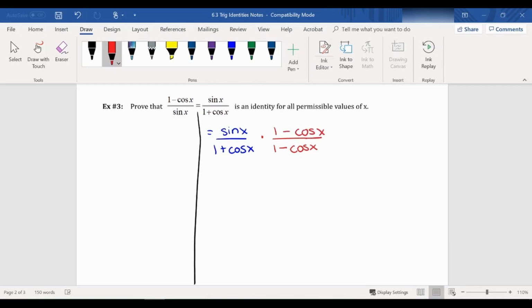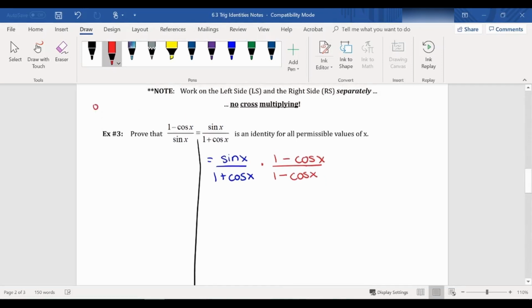If I had worked on the other side, this would not be my conjugate. If I work on the left, I would multiply by 1 plus cosine x over 1 plus cosine x because that's the conjugate of 1 minus cosine x. Okay? So if you've chosen to try the other side instead, that's fine, but you should be multiplying by something different.